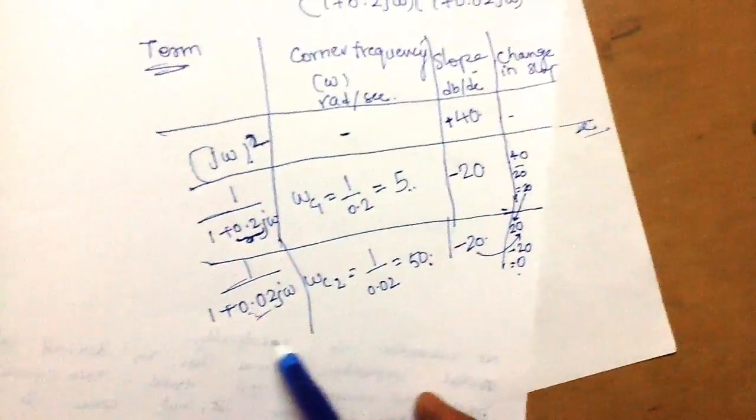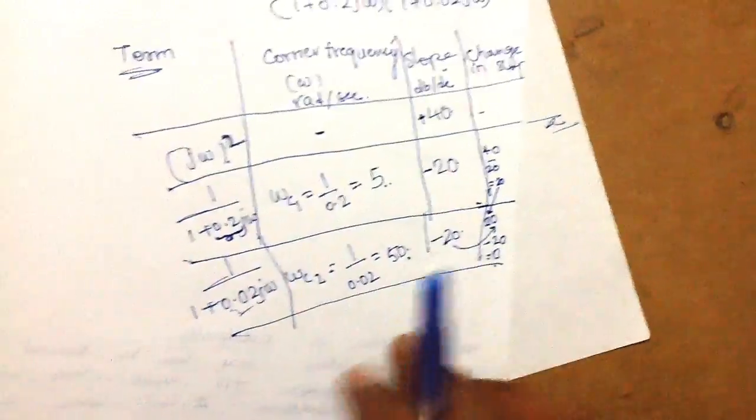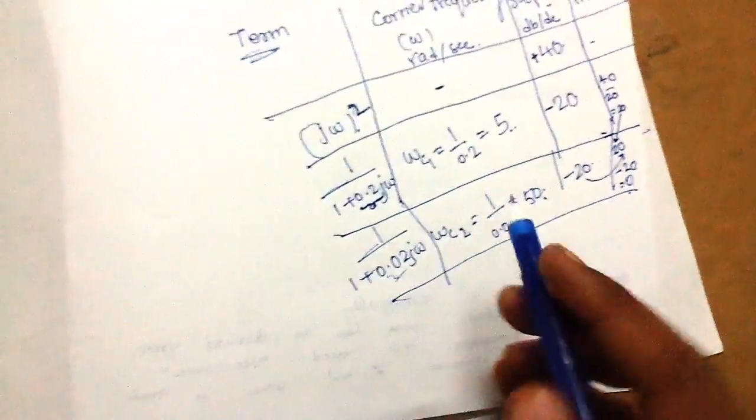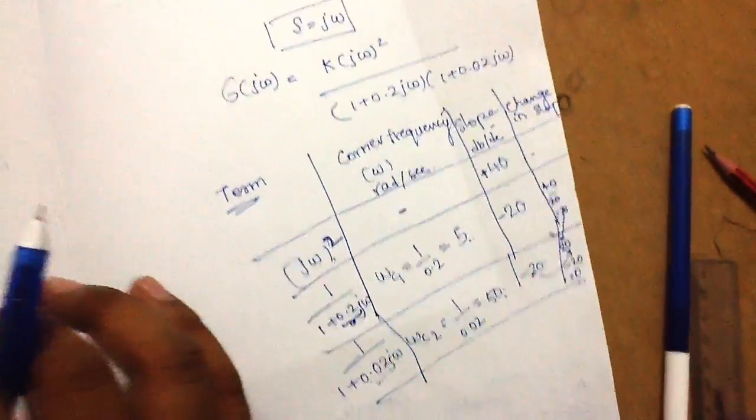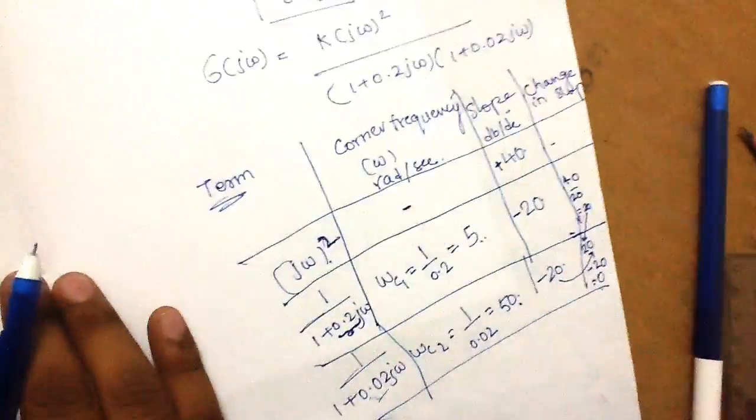So now you have 2 of the corner frequencies of the terms you've already given. So now you need to find out the magnitude of these at different omega values, at different corner frequencies.